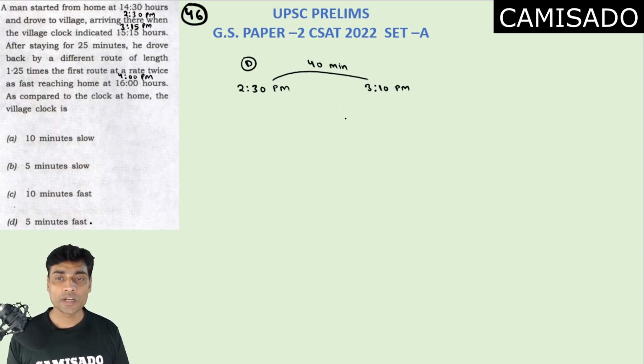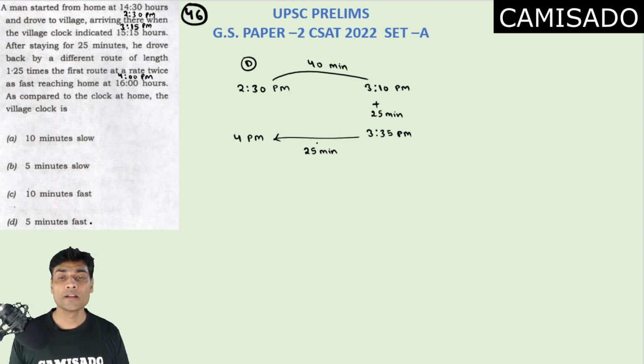Now again, after staying for 25 minutes he had stayed here, and he drove back by a different route of the length 1.25 times the first route at a rate twice as fast, reaching the home at 4 p.m. So when 25 minutes passed away, at 3:35 p.m. he starts his journey again and reaches home at 4 p.m. It means he is taking 25 minutes this time.